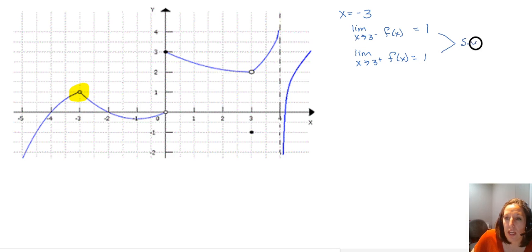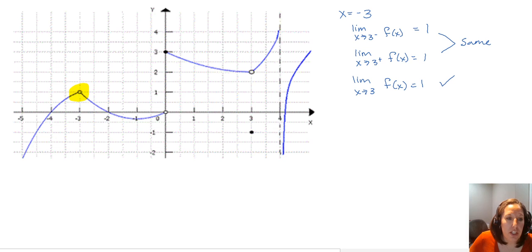Since those are the same, the limit as x approaches -3 in general is equal to 1, which is a finite number. So we're good on criterion 1.